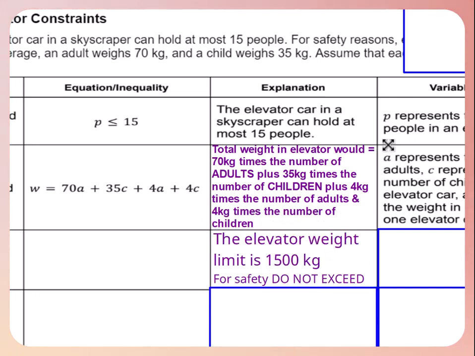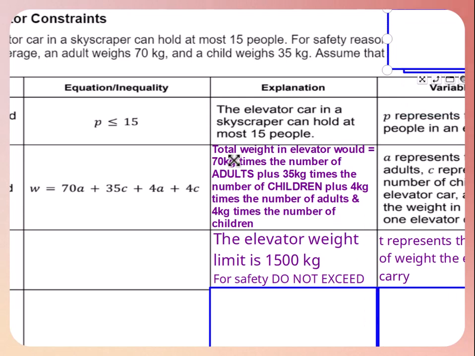All right, in the word problem, let me get my pen here. In the word problem, it said the elevator weight limit is 1,500 kilograms. Okay, for safety, we do not want to exceed that. All right, so define your variables. I'm going to use t.